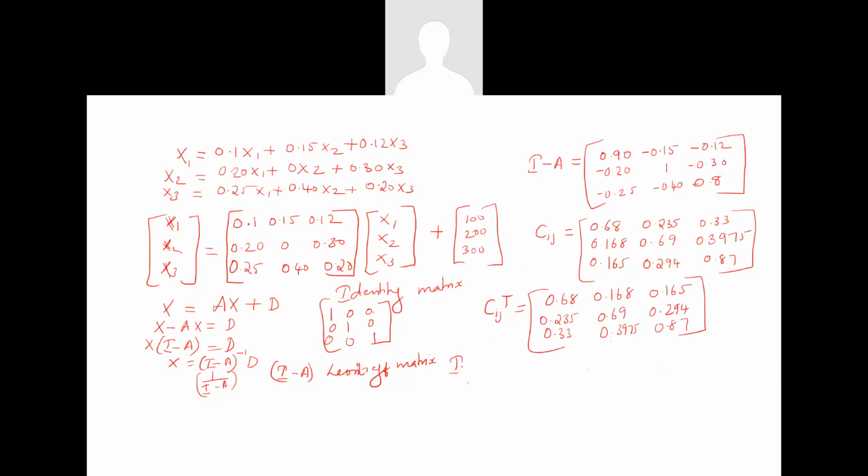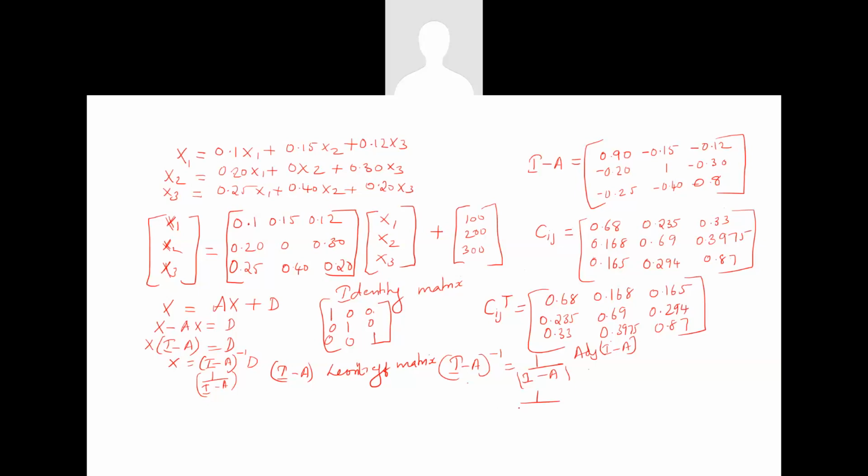Now you want to find the inverse of I minus A. It can be written as the adjoint of I minus A divided by the determinant of I minus A. This is the adjoint matrix, which is the Cij transpose. And of course, we have already found the determinant of I minus A, I think it is 0.53715, which we have already calculated.